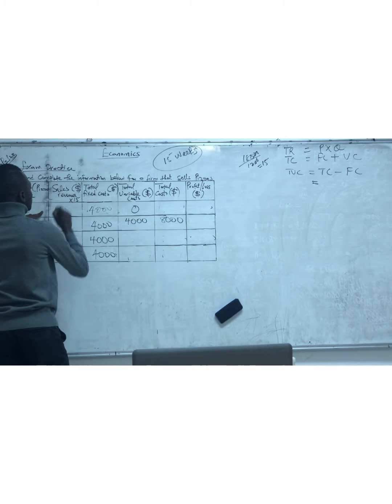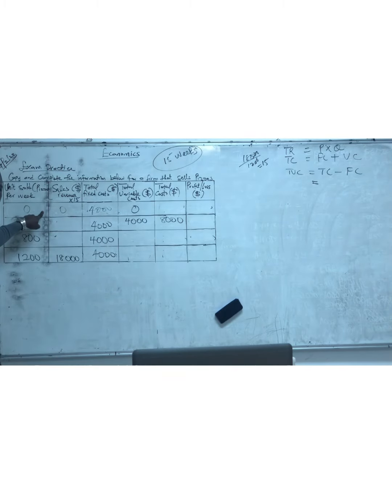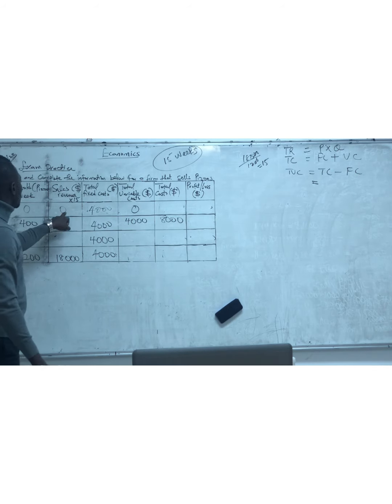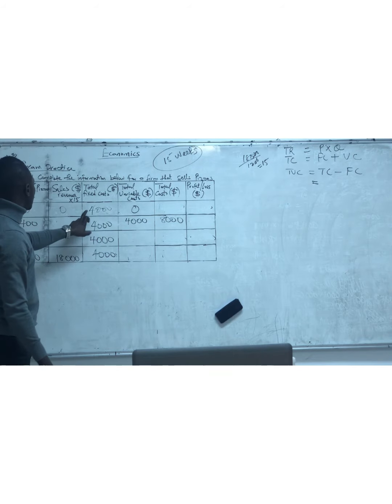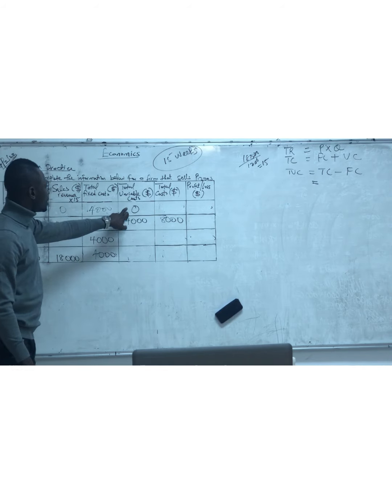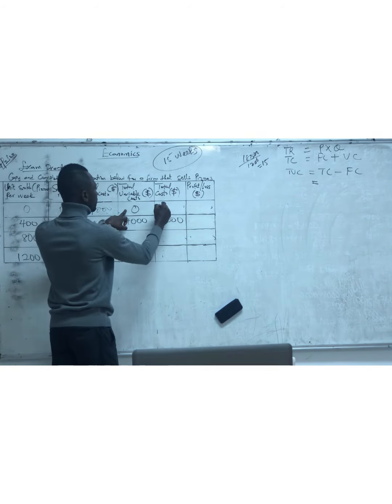Multiplied by 15. Are you with me? Yes. Alright. So 0 multiplied by 15 is 0. So 0 times 4,000. Yes? 0, okay. 4,000 plus 0 is 4,000.